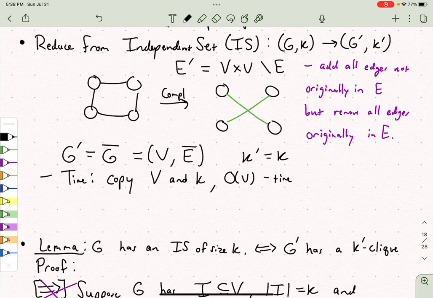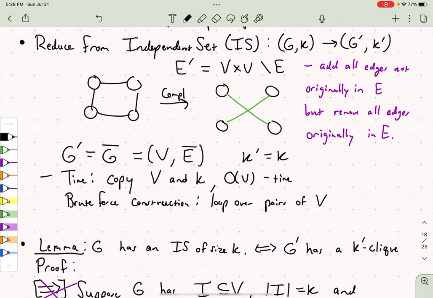But the straightforward brute force construction, you can probably do it in a more clever way, but if we just do it the easiest way possible, we loop over all pairs and do a check. So in the worst case, that's going to be something like O of V squared, because we have a loop over V squared things, and then maybe the check also takes E time.